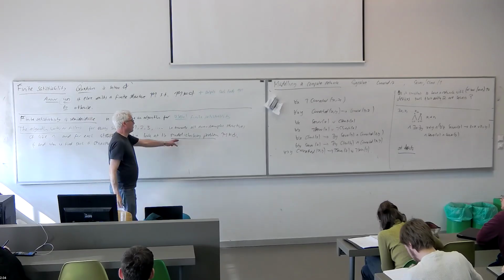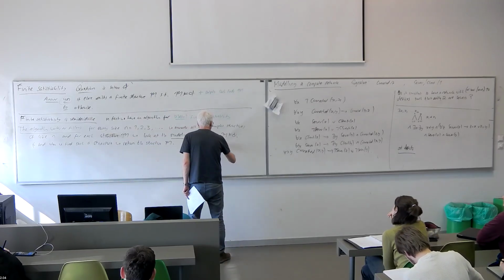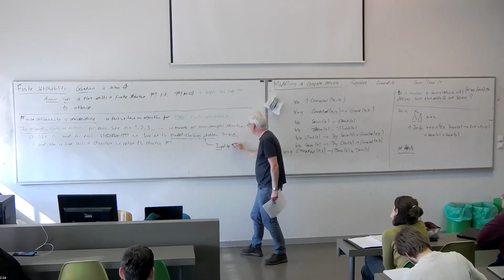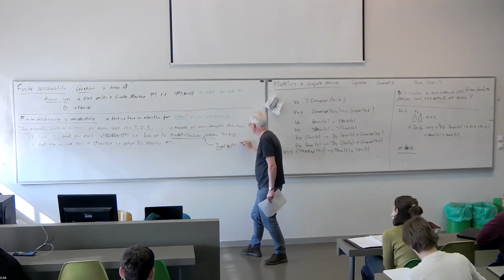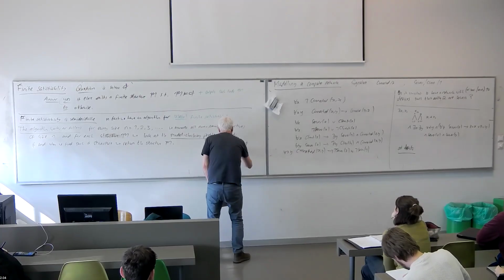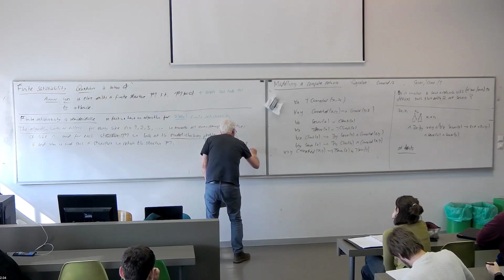So this model checking problem, the input for this is a pair M and phi, where M is a finite structure, and phi is a sentence.